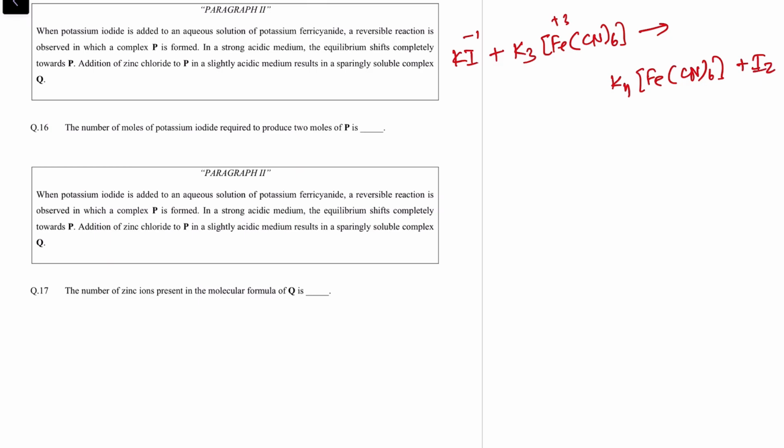Alright, so obviously you need 2 moles of KI here. The number of moles of potassium iodide required to produce 2 moles of P is obviously 2, because iron gains 1 electron, iodide loses 1 electron. So to produce 2 moles of P, you need 2 moles of KI.